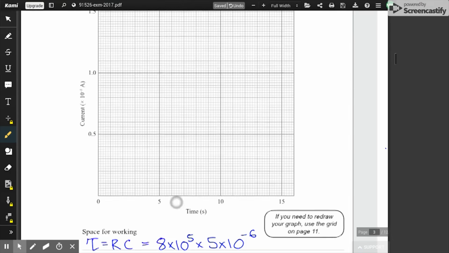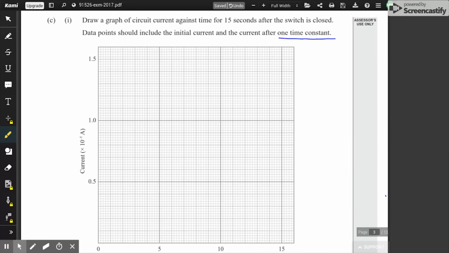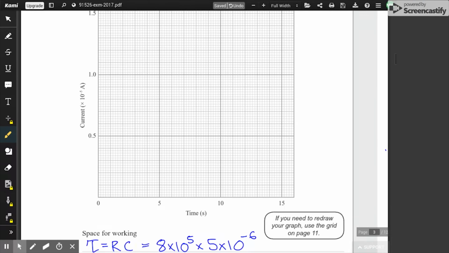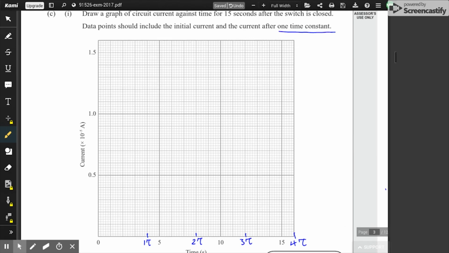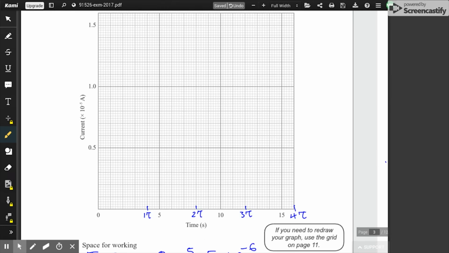Okay, so we need to basically plot points for every time constant, and that will allow us to sketch a graph. So we know that one time constant is going to be here at 4 seconds, 2 time constants at 8, and so on. Okay, now we need to find out what the current is for each time constant. So at our first time constant, the current will have decreased by 63%.